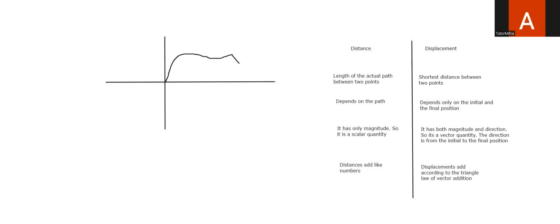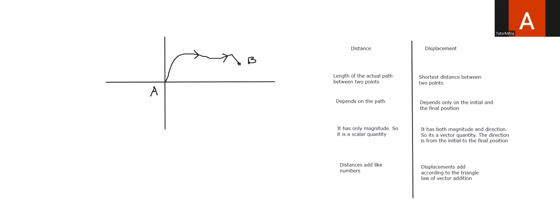Hello children, let us understand the difference between the distance and displacement. To start with, let us assume a particle which starts from the point A and following this path, it comes to the point B. Now distance will be the length of the actual path that is taken from the point A to the point B by the particle.